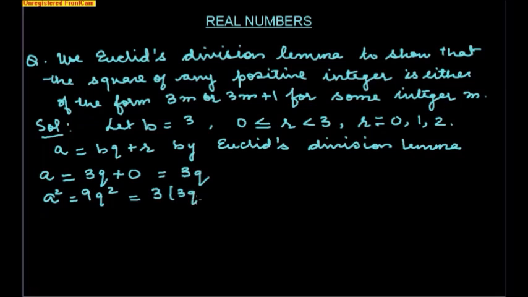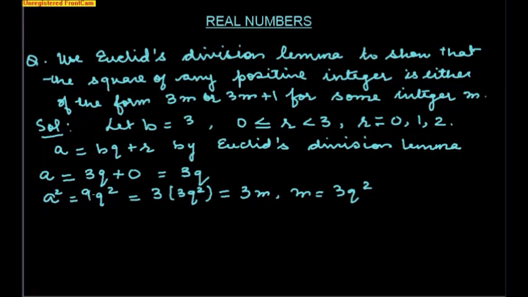This can be written as 3 into 3q square. Why am I writing it this way? Because I need the form 3 into something. So I've taken 3 out and written 3q square inside. Now this can be written in the form of 3m, where m is equal to 3q square.